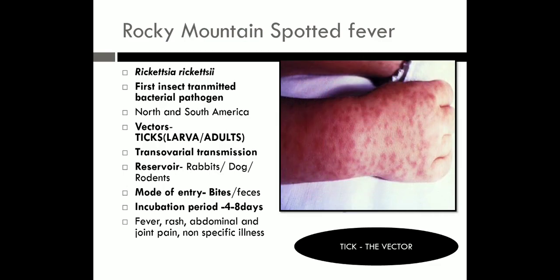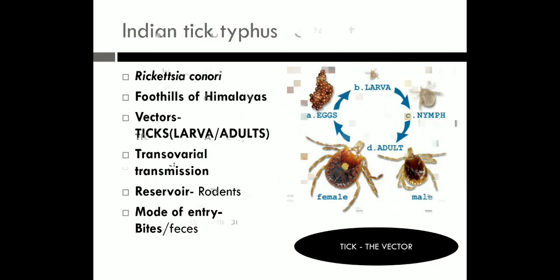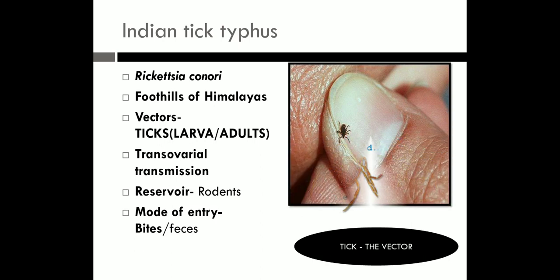So this is the typical distribution of the rash of Rocky Mountain spotted fever. Now the Indian tick typhus variety is caused by Rickettsia conorii, and it is transmitted by the tick species Rhipicephalus sanguineus.